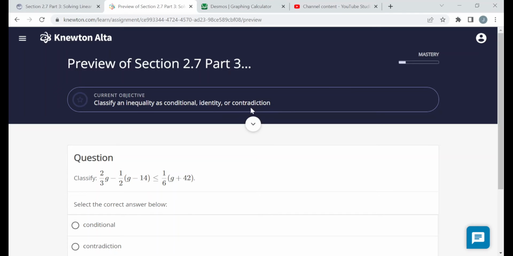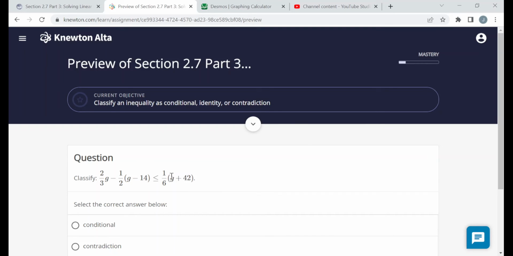And a contradiction, again, we talked about these before, is a statement that's never true, no matter what you plug in for the variable. So no solution. So: certain solutions, everything's a solution, no solution.